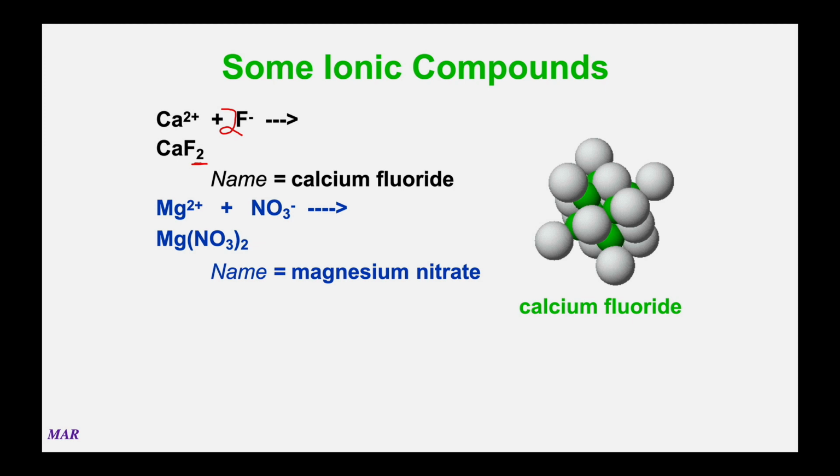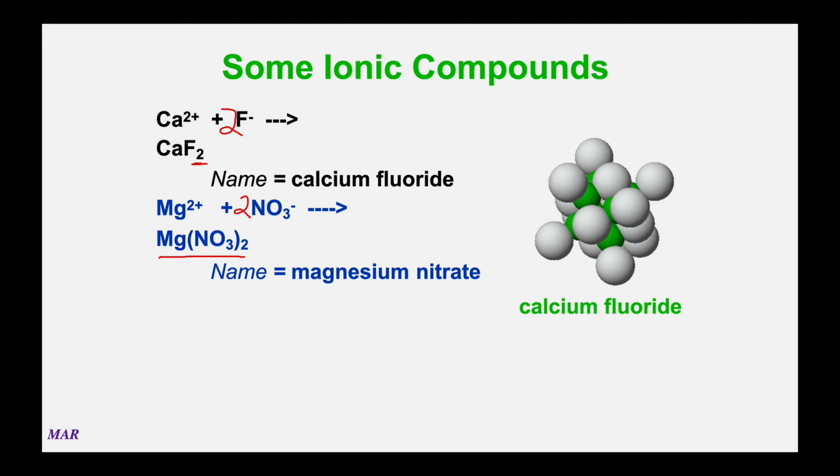And because nitrate has only a -1 and magnesium has a 2 positive charge, you're going to need 2 nitrates. So magnesium nitrate, which is what happens when magnesium and nitrate come together, you have to have 2 nitrates, 2 -1s to balance that +2 magnesium.